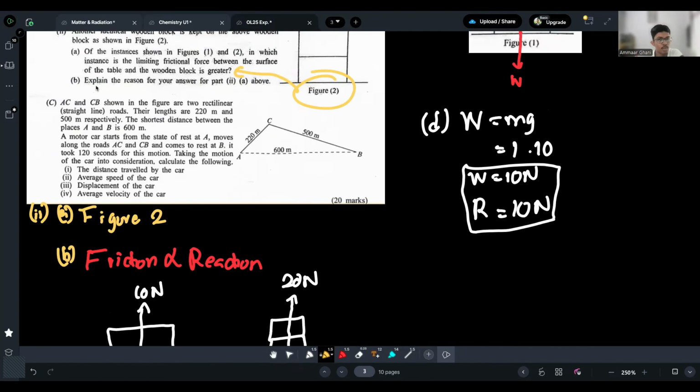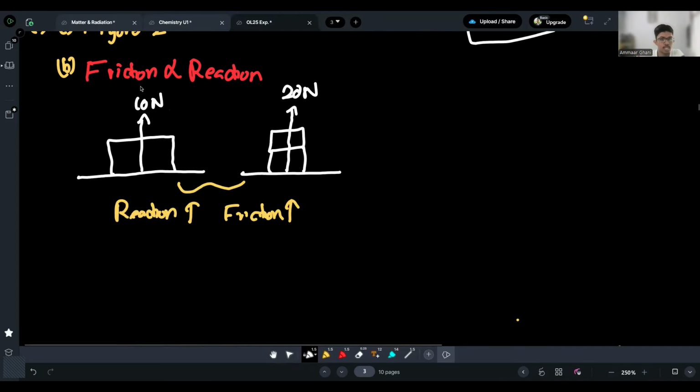Explain the reason for your answer for part 2 above: because the normal reaction is higher than figure 1. Forget this explanation here, this is just an explanation.